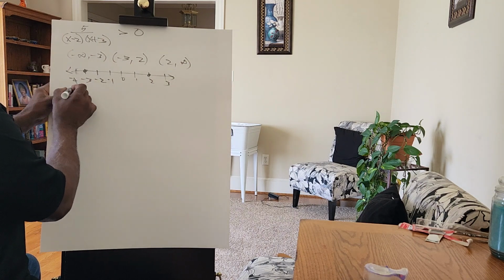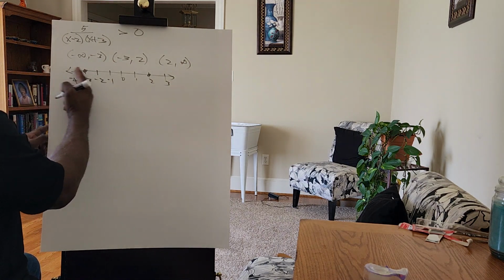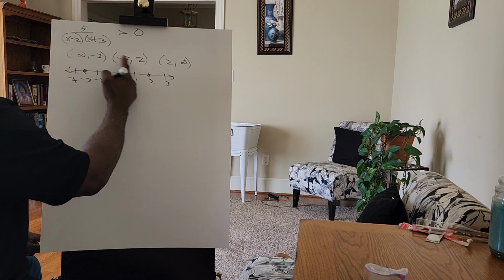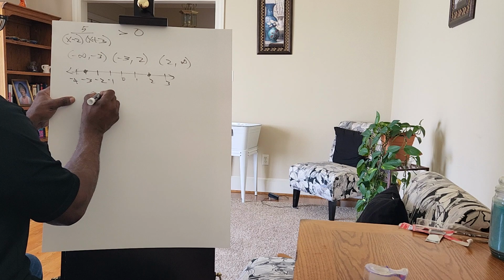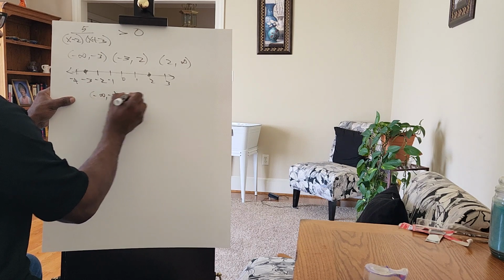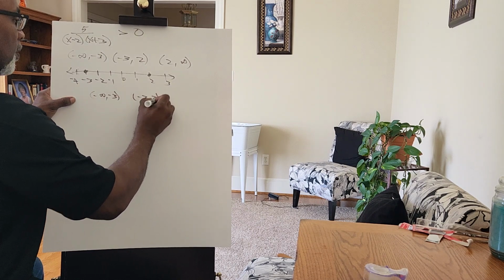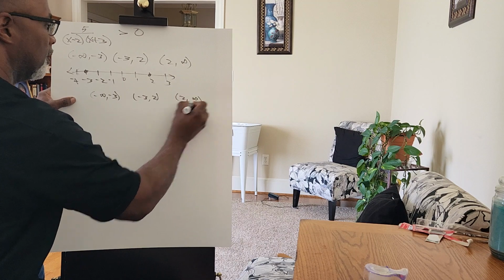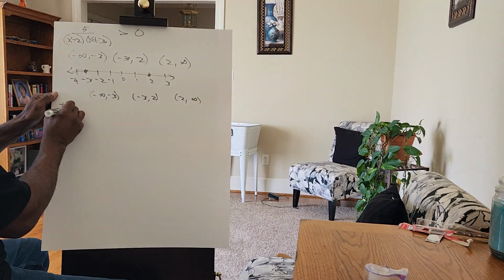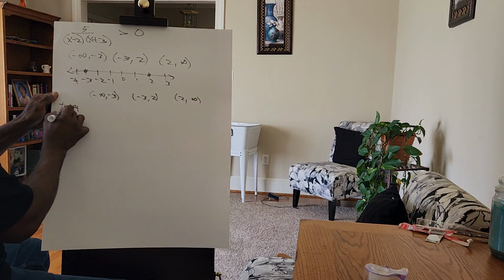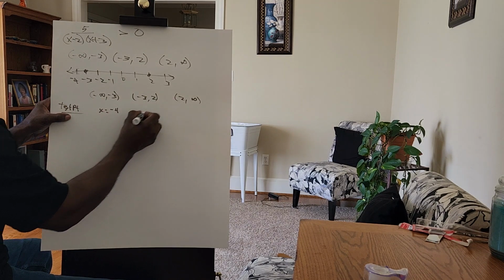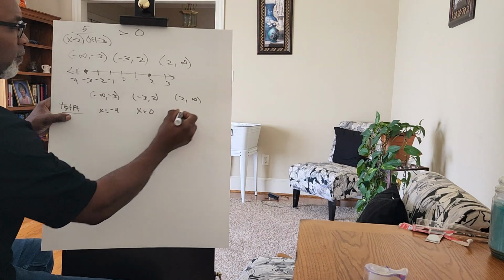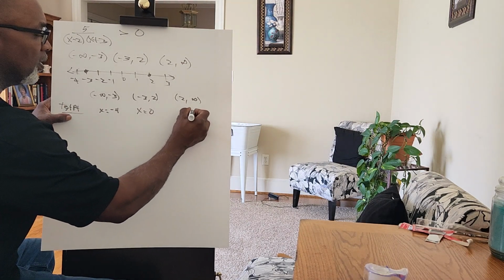So the intervals are negative infinity to negative 3, negative 3 to 2, and 2 to infinity. I'm going to take a test point in each. In the first interval I'll use x equals negative 4, in the second x equals 0, and in the third x equals 3.